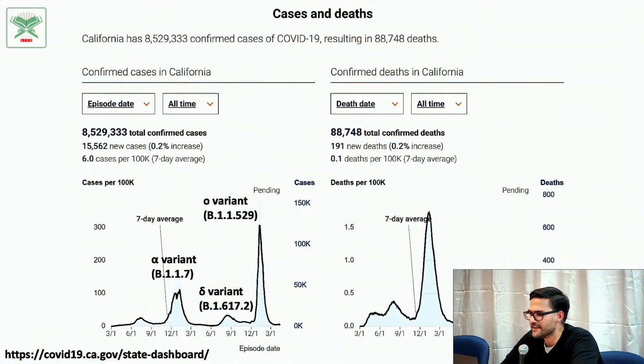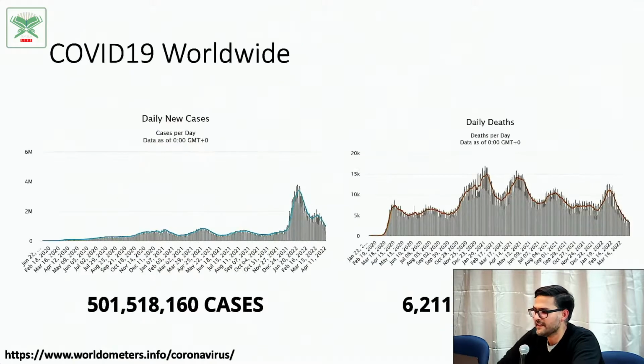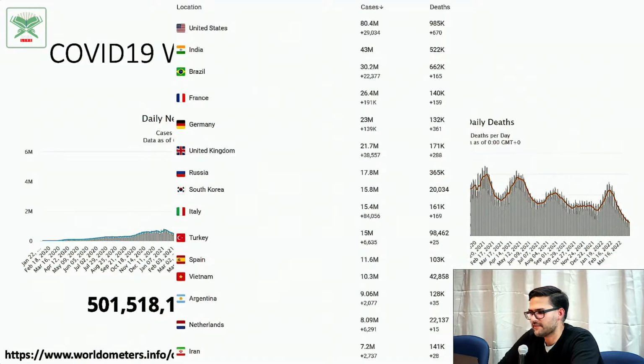If you go to the next slide, we see a similar pattern in California, now with over 8 million confirmed cases and 88,000 deaths. And the next slide, around the world, 500 million cases, 6 million people have died from this disease. And if you go to the next figure, you'll see that we in America always like to be number one.